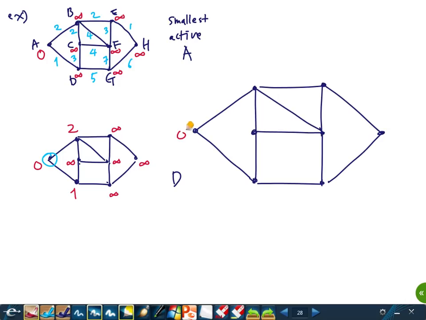So let me draw this: 0, 2, infinity, infinity, 1, infinity, infinity. So this is now active. We are considering this. This is the smallest active vertex. Look at all the active vertices connected to this by an edge. Now here, let me draw the edge weights together.